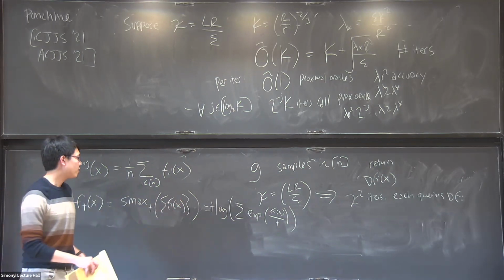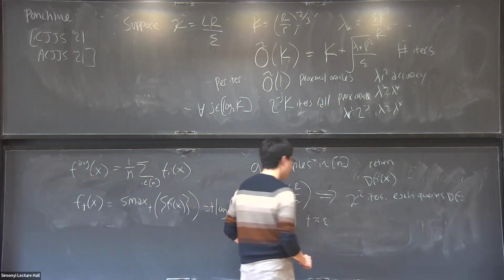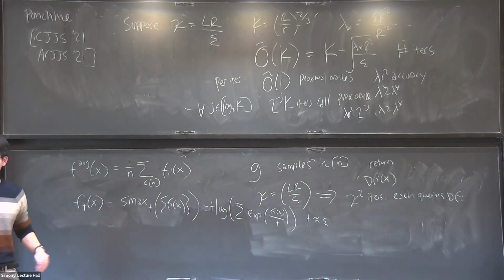Roughly speaking, you should think that t needs to be about epsilon for this not to mess things up by too much. Okay.